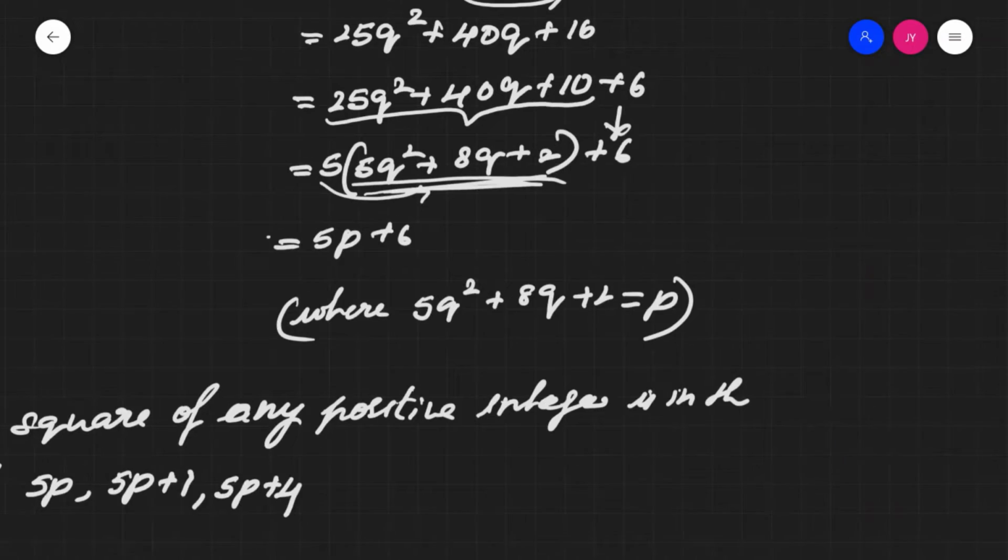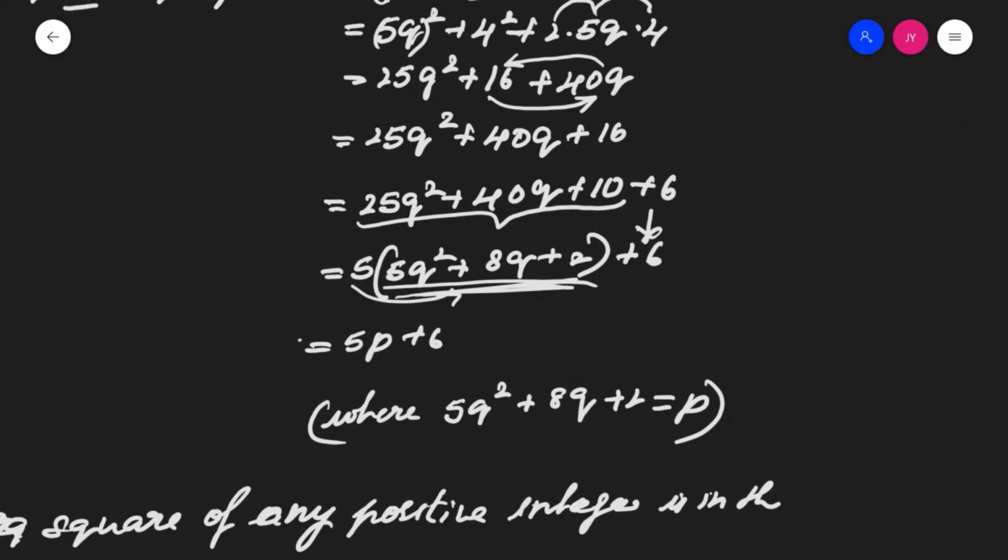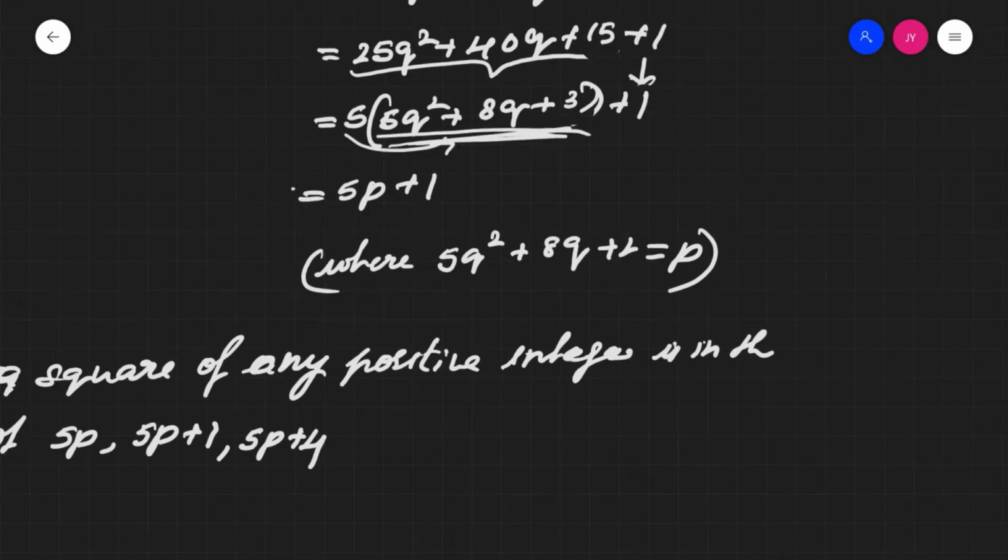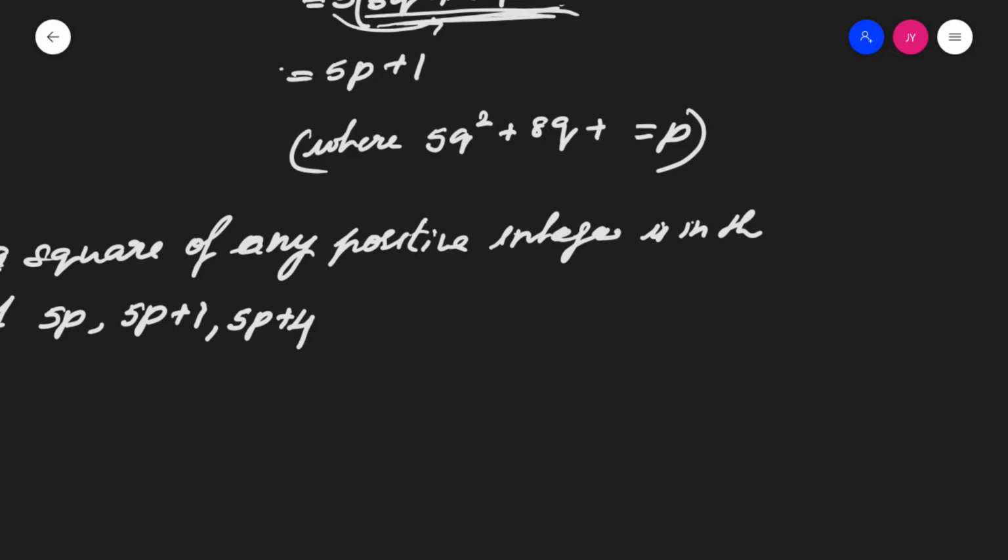Sorry, we can write 16 as 15 plus 1 here, right? You can write 16 as 15 plus 1. Then this is going to be 3. This is going to be 1. So it's going to be 1 here again. And so this is going to be 3.